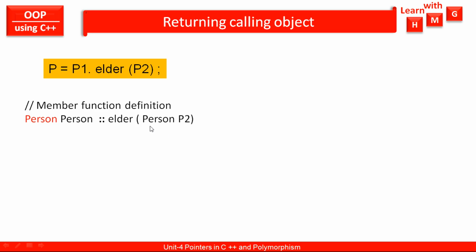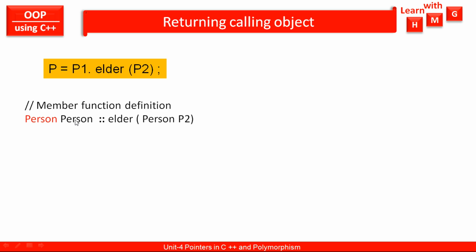Person is the name of the class, P2 is the object. So P2 is an argument object of the type person. Then elder is the member function of the person class, associated with the person class using the scope resolution operator.